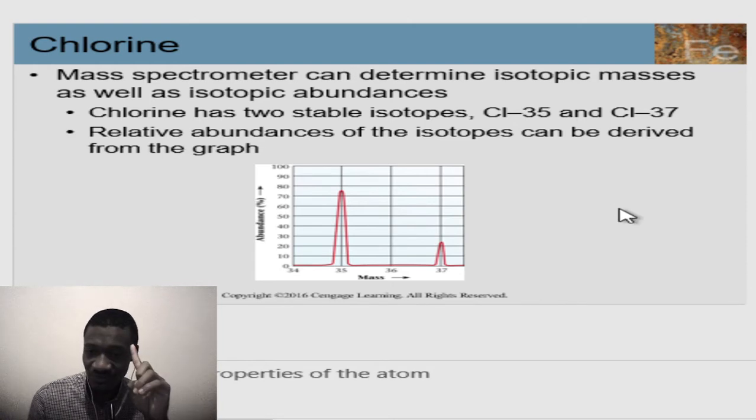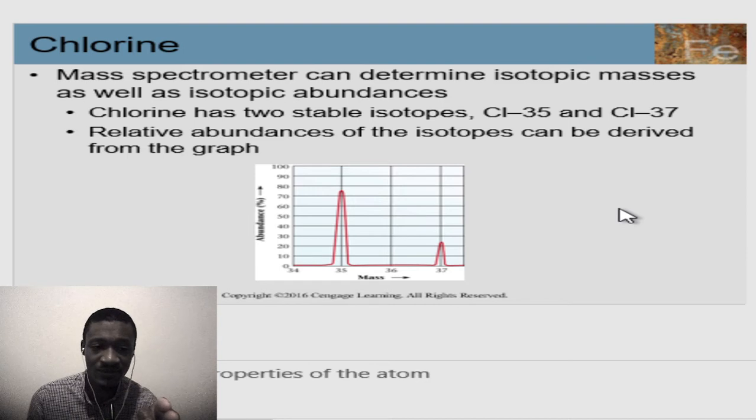Notice that the first example was with fluorine, the one we saw with the mass spectrometer device. This one now is with chlorine, and the mass spectrometer can determine the isotopic mass as well as the isotopic abundance. Remember what we said previously, how you can do it is to determine the mass of the isotopes as well as the isotopic abundance.